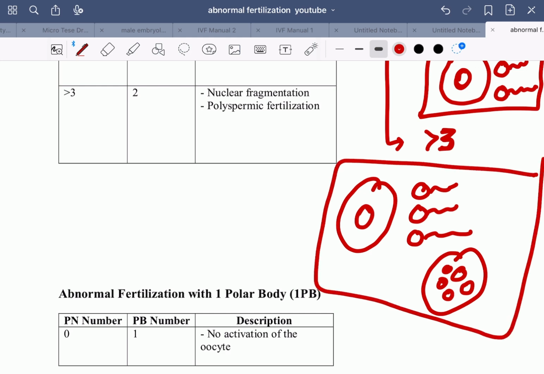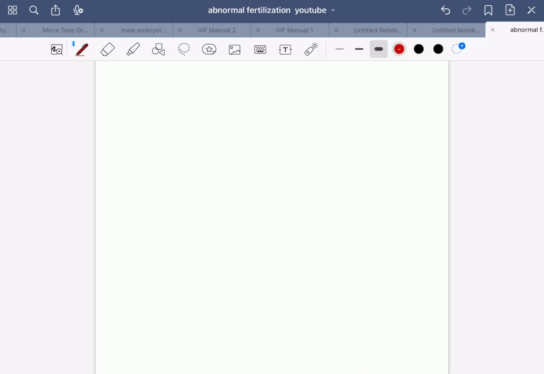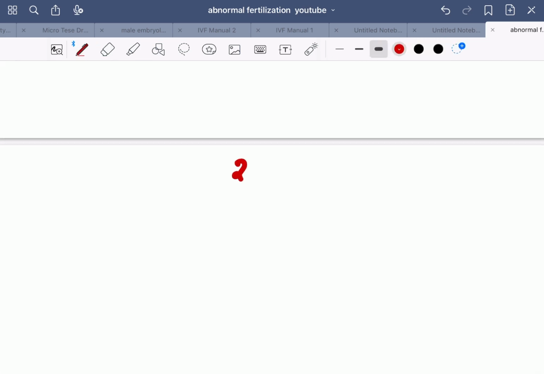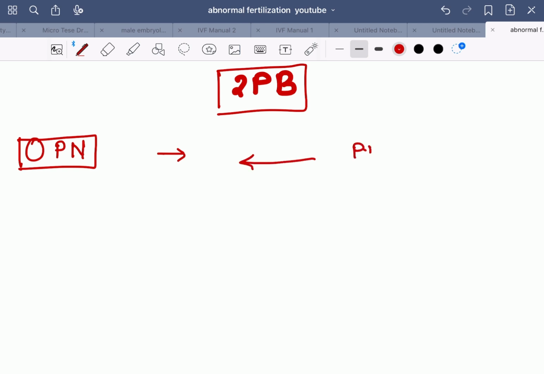So basically we'll remember it by these diagrams. Again we are revising. If there are two polar bodies and 0 pronuclei, either very slow fertilization or parthenogenic activation, or very fast fertilization.